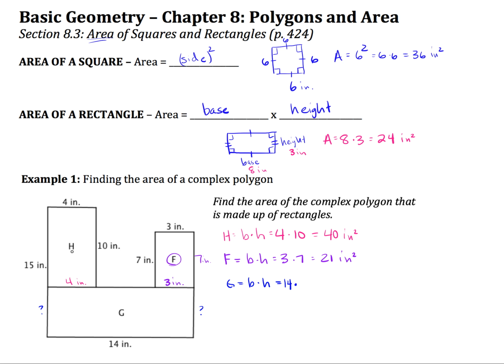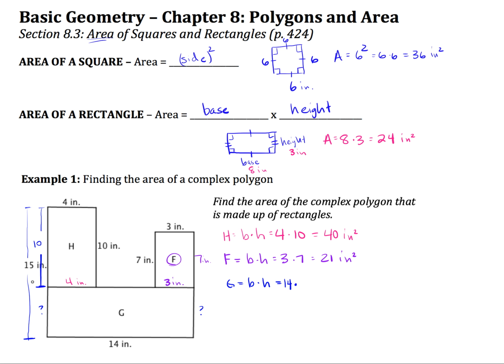If I look over here at H and see that this side is 10, it would mean that from here down to here would also be 10. And it gives me a measurement for this entire side.